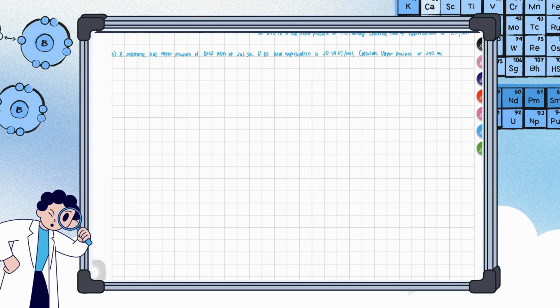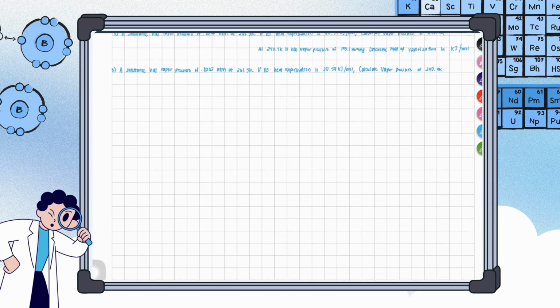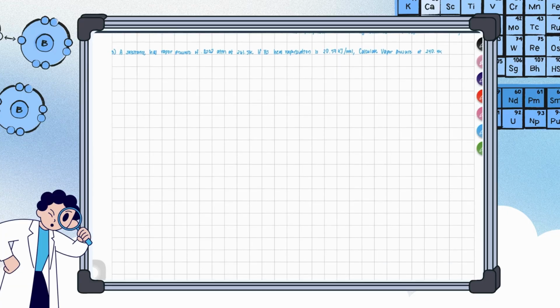And lastly, a substance has a vapor pressure of 0.0202 atmosphere at 261.5 Kelvin. If its heat of vaporization is 20.54 kilojoules per mole, calculate the vapor pressure at 240.4 Kelvin. So our unknown is the second pressure.